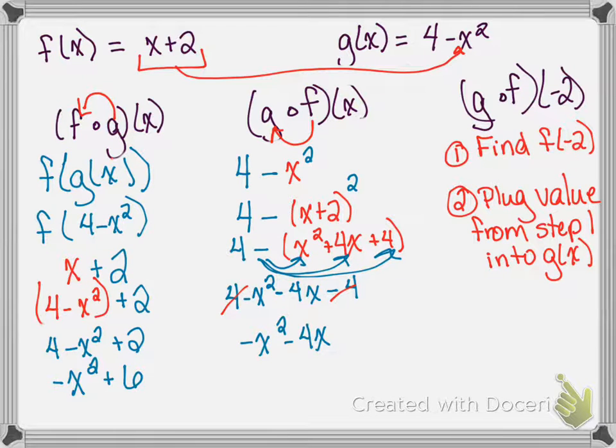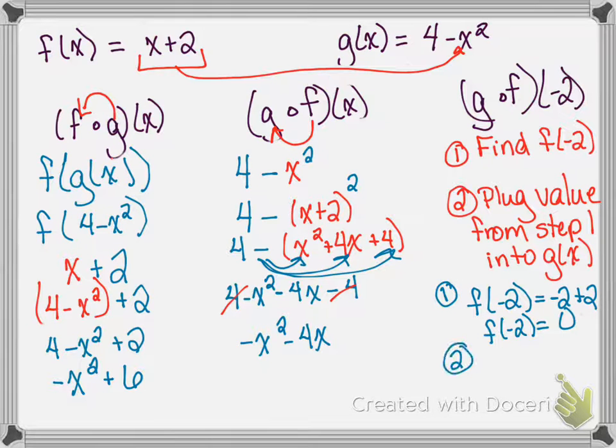So, f of x, I'm going to plug negative 2 in. So when I do f of negative 2, what do I get? 0. Okay, so f of negative 2 is 0. So this is step 1. Step 2, I'm going to take that 0 and plug it into g of x.